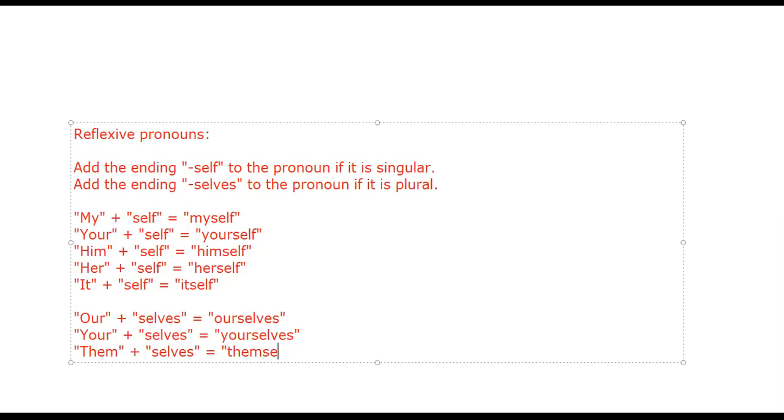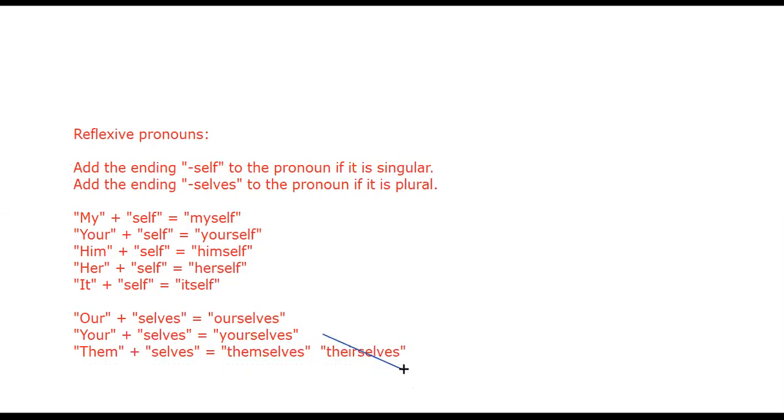Okay, so the answer would be themselves. So that's how you would form everything. So their selves, let me point this out. Their selves is not correct. This is not standard English. Their selves is not correct, so don't do that.